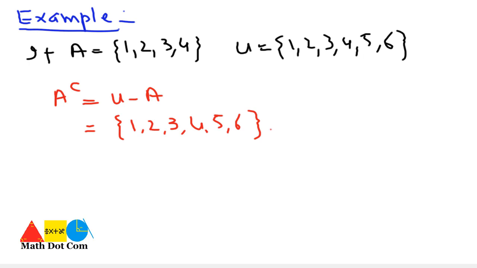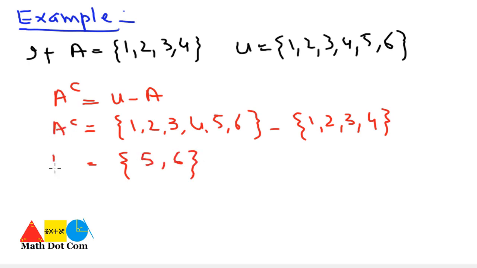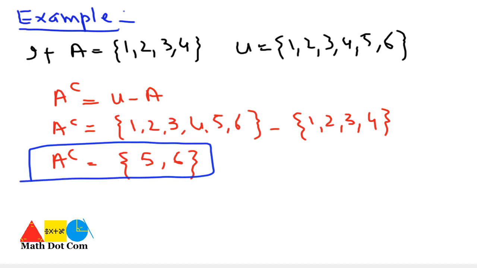Minus A is 1, 2, 3 and 4. We have to subtract A from U and we will get 5 and 6. So the A complement comes out 5 and 6.